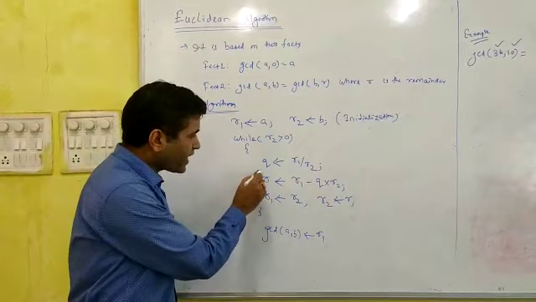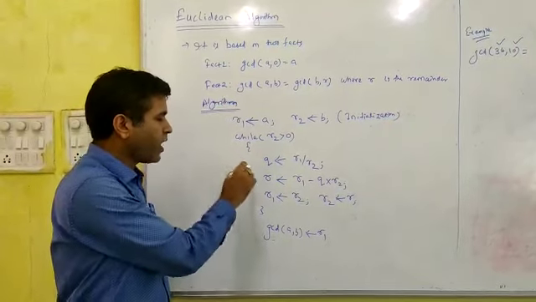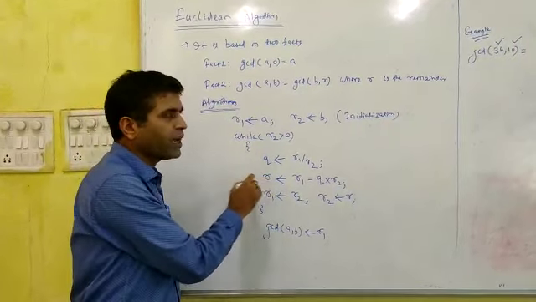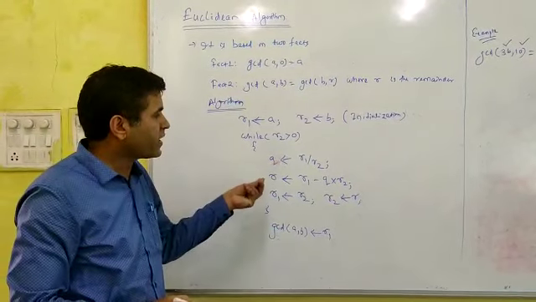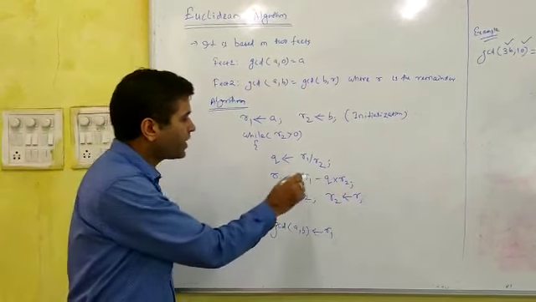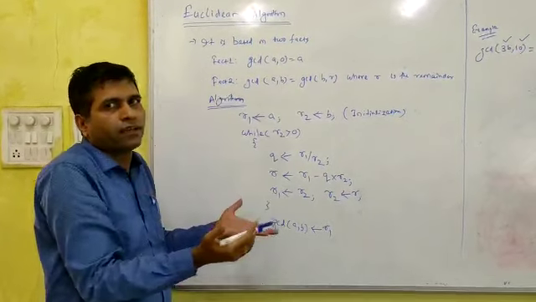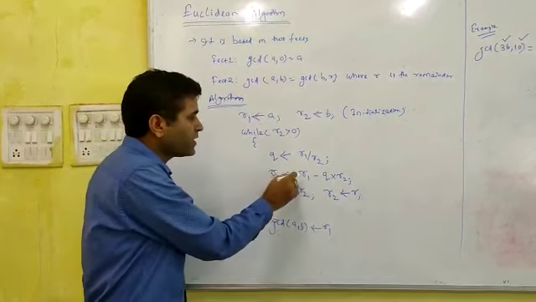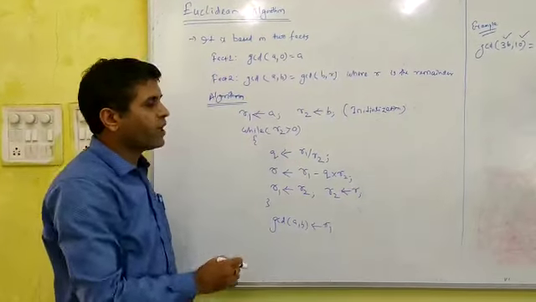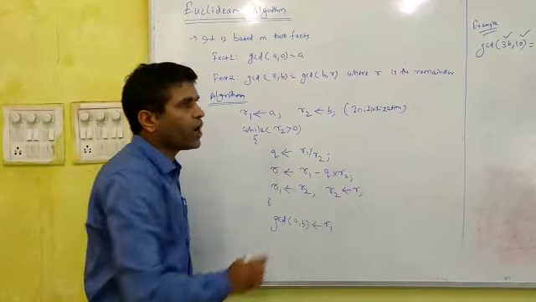In the second statement inside the while loop, we have to find the value of R. To find R, we need the value of Q, which we already have from the first statement. So we can find it this way: R1 minus Q into R2.